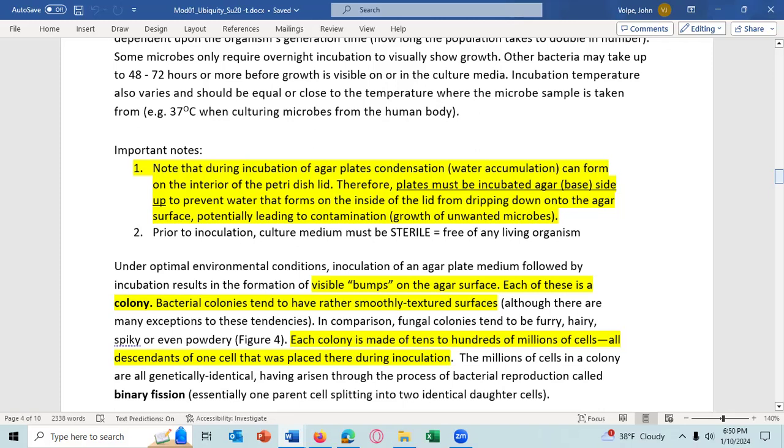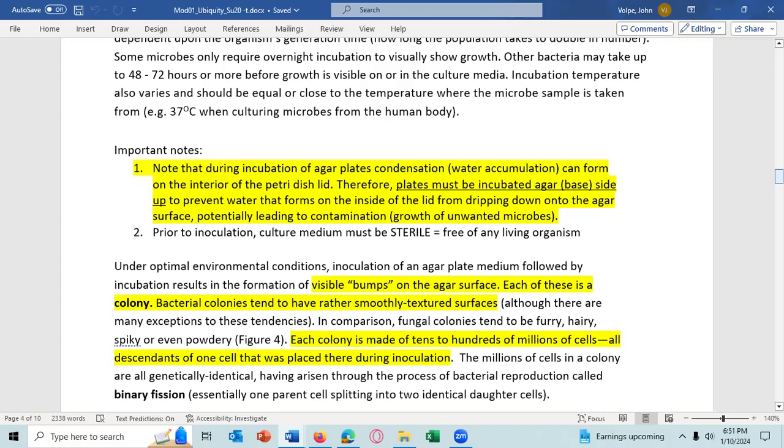Then, if water were to come out of the agar, it would condense on the top, which is going to be the agar, and then the agar will wick the moisture throughout the agar. But if a drop of water were to form, and it shouldn't, it would drop on the lid, and the bacteria isn't grown on the lid, so we don't care if water drops on an upside down plate because it'd drop on the lid and there's no growth there.